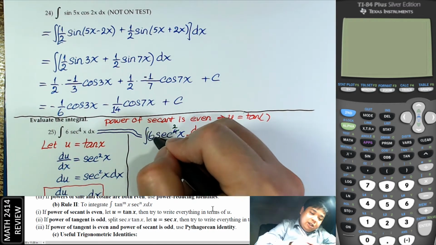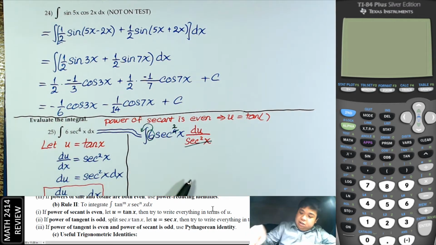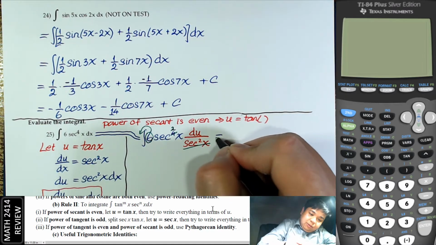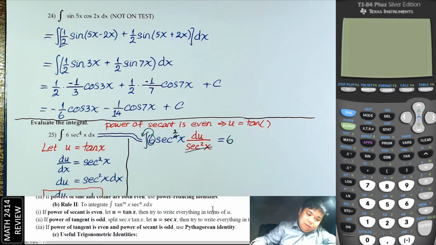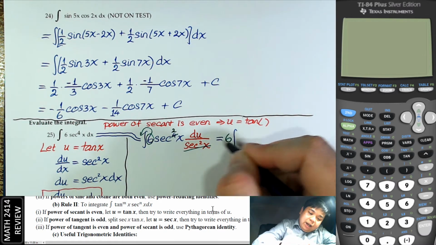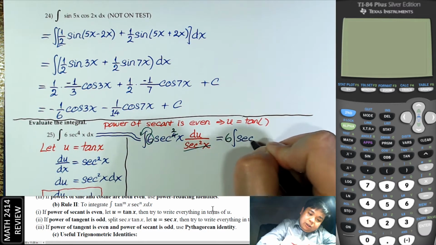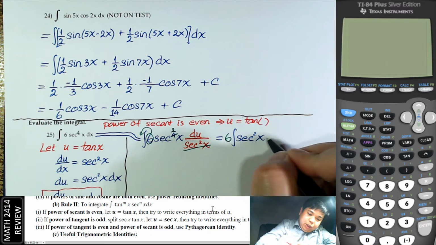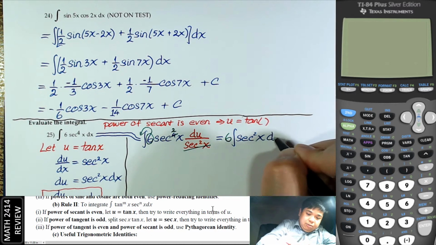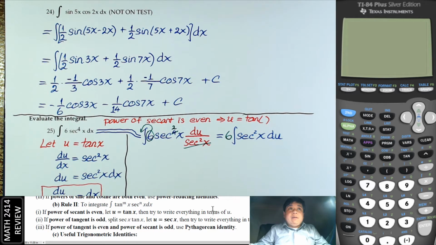The 6 here can just bring it outside. And then secant square du, that cancels out. Now we have the secant square.